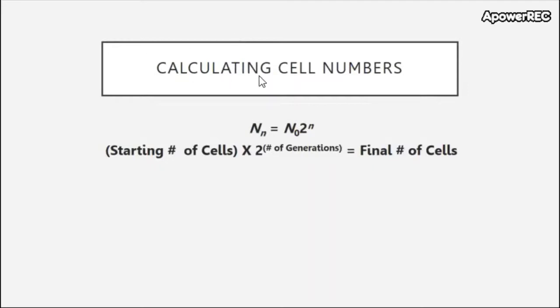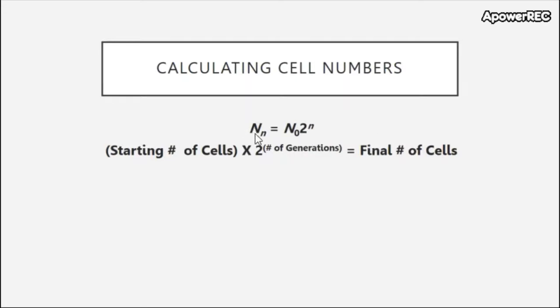So this is how we calculate cell numbers. Our starting number of cells times 2, because remember each generation we're doubling, raised to the number of generations is going to equal our final number of cells.